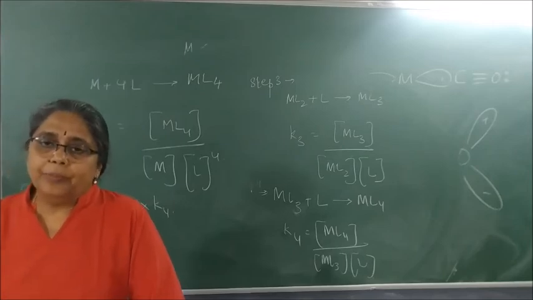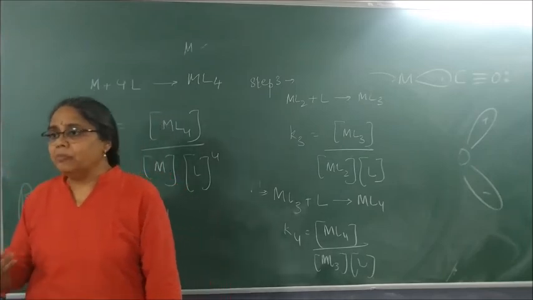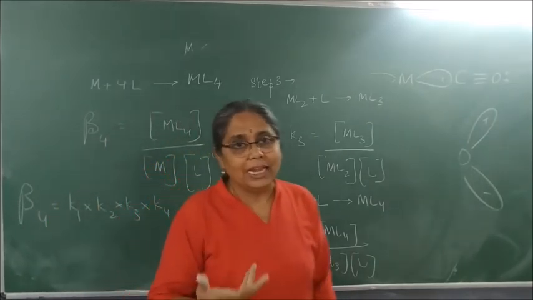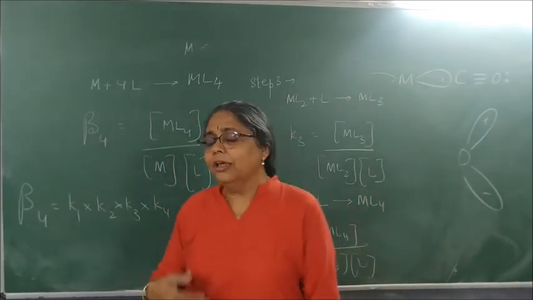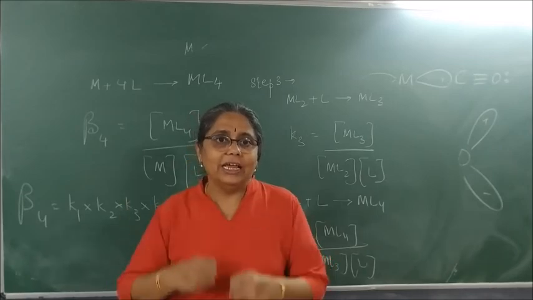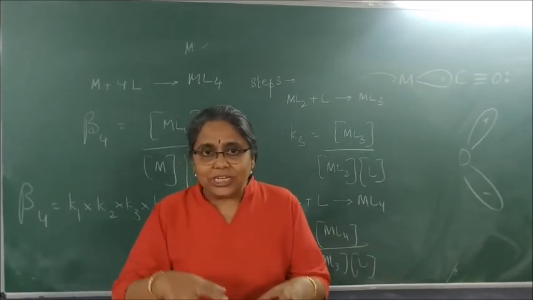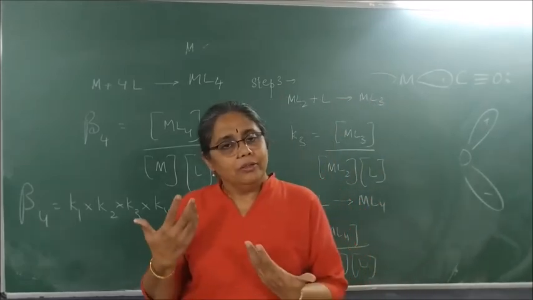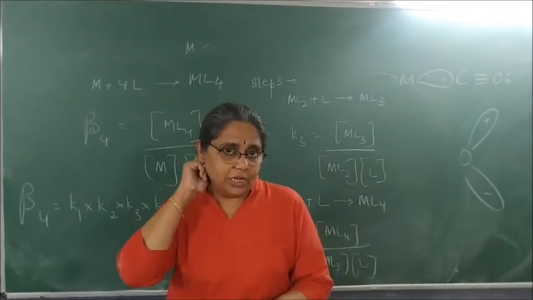What is chelate therapy? If I have some kind of metal poisoning, like lead poisoning or copper poisoning, at that time we use chelating ligands as medicine, which will chelate with the metal ion present in our body and remove it along with our excretory products.